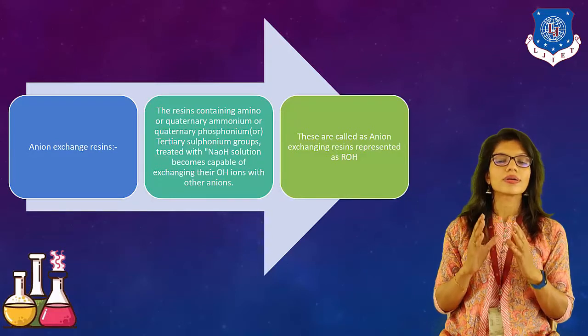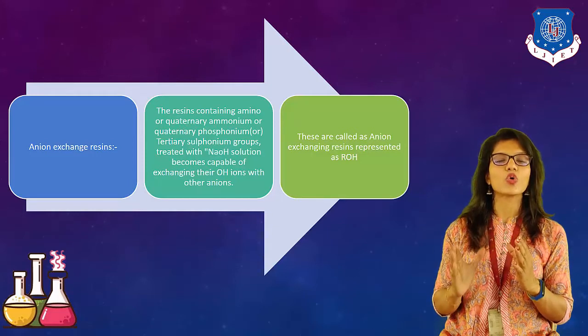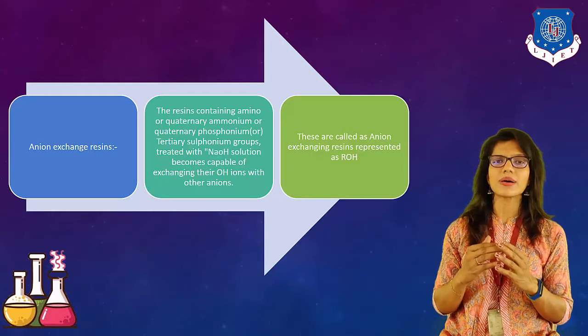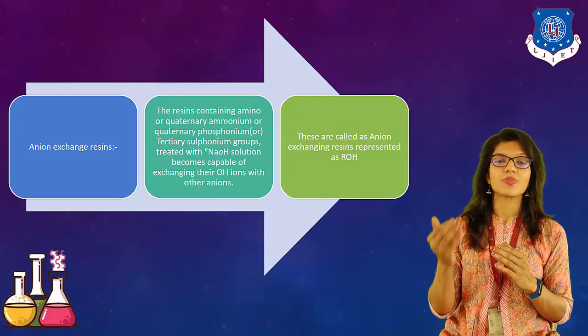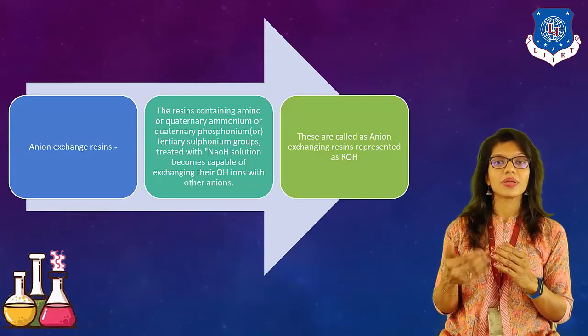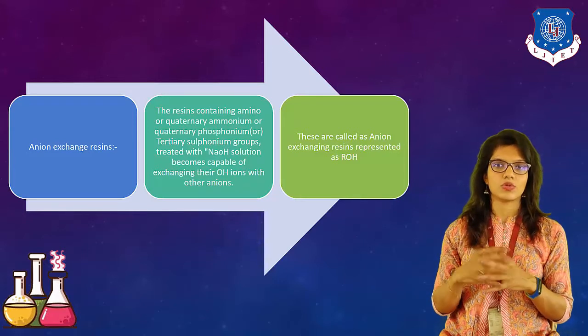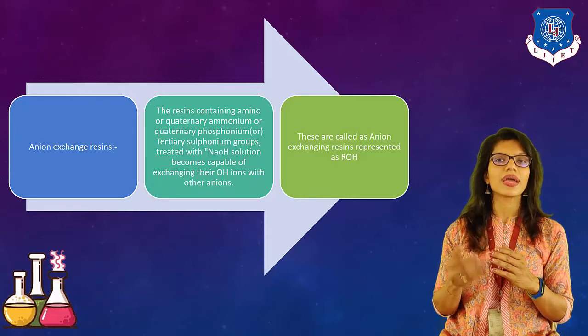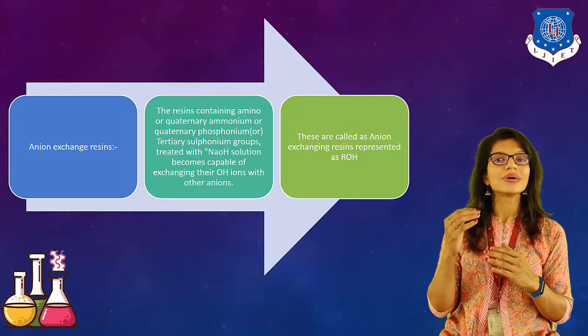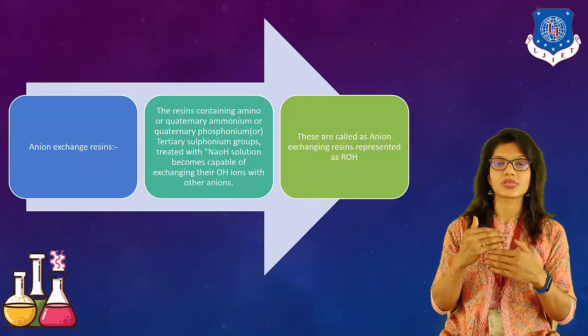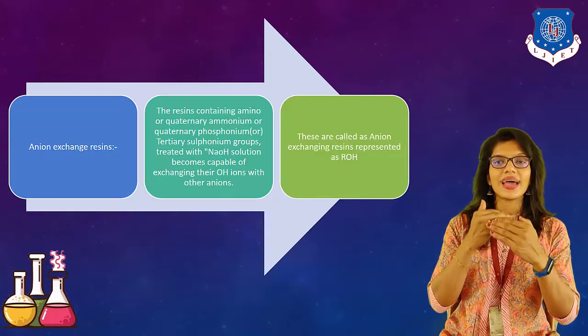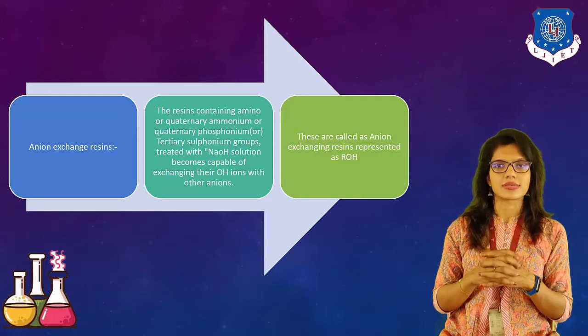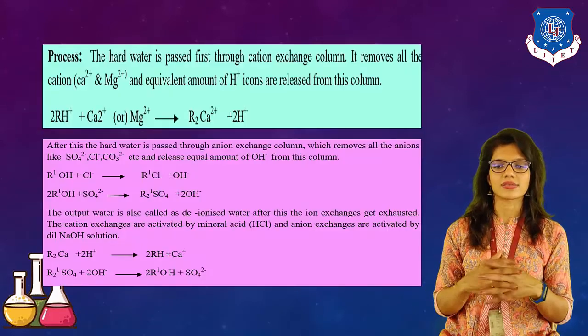They are known as ROH. For example, OH can be replaced by Cl, OH can be replaced by SO4, etc. So in this manner, we can replace it. So these are basically exchanges of the ions by the resins.